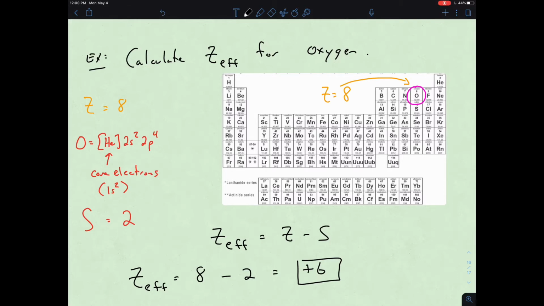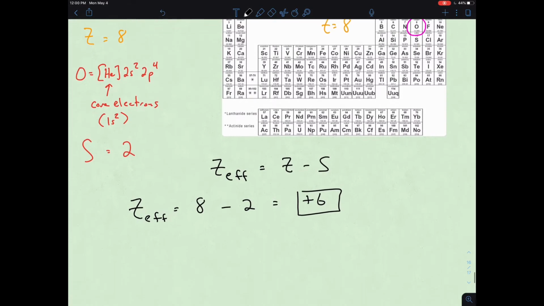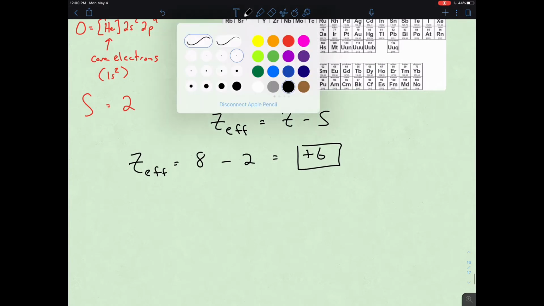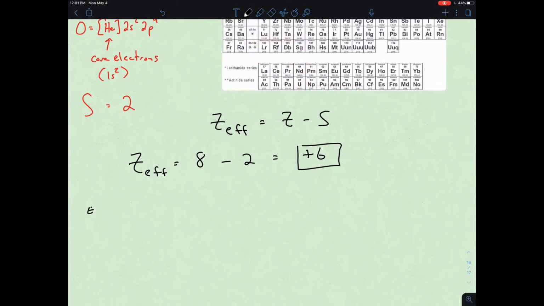Let's try that one more time. Let's calculate Z effective for magnesium.